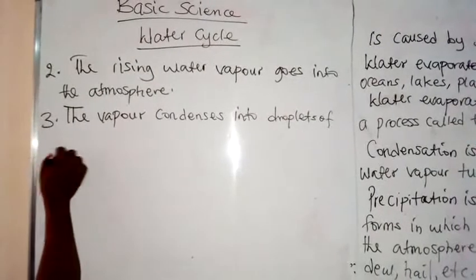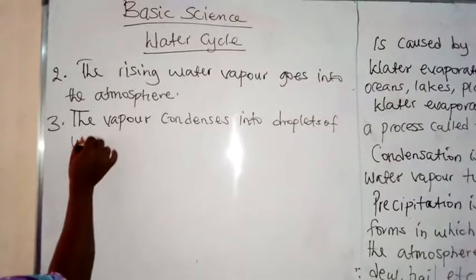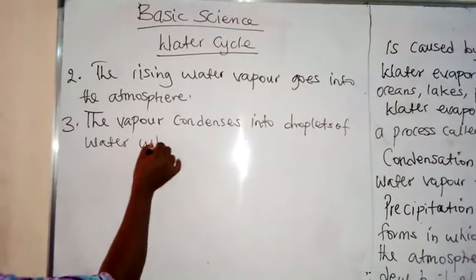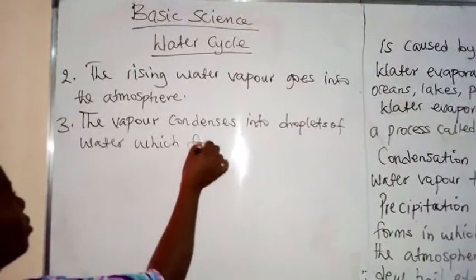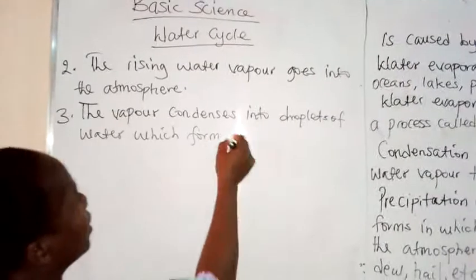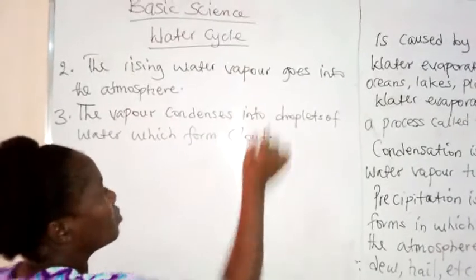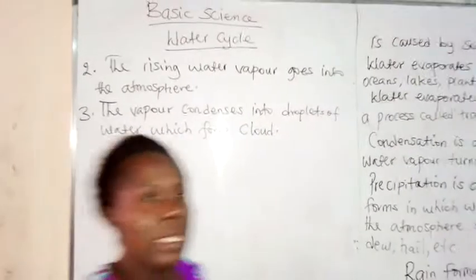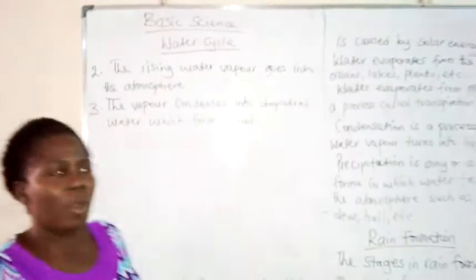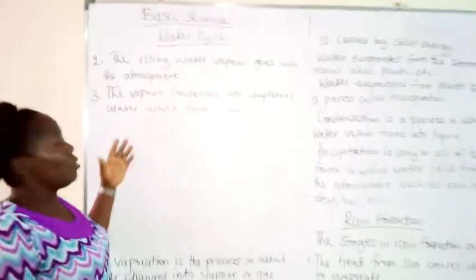The vapor condenses into droplets of water, which form cloud. It is the rising water vapor into the atmosphere that condenses to form cloud.